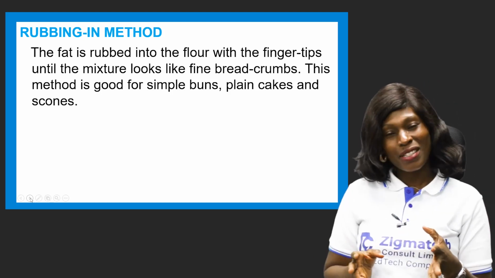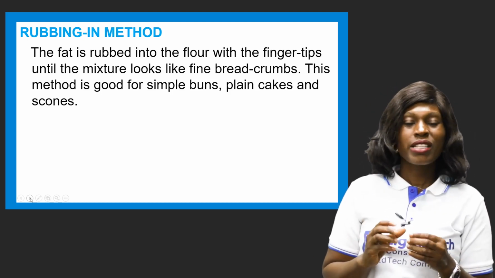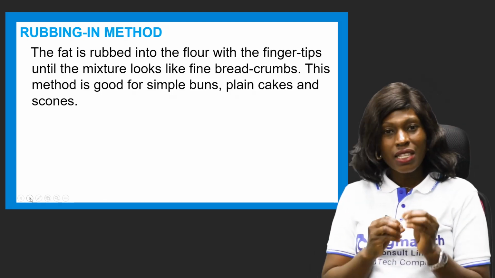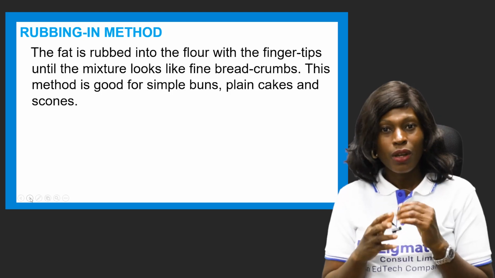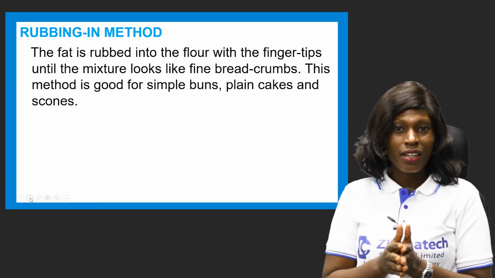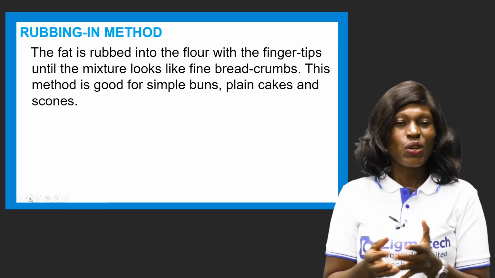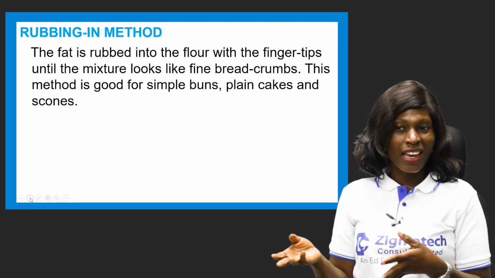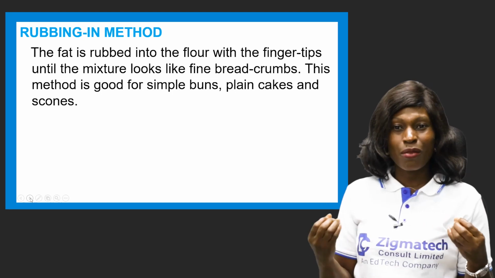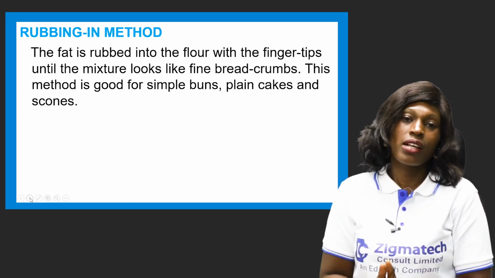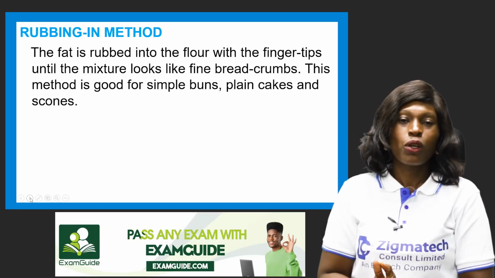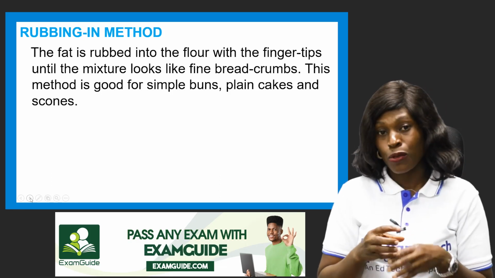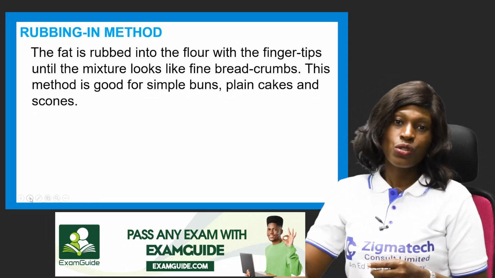This method is basically used when we have to prepare our buns, plain cakes and scones. You now add your liquid to fry or bake them. It is referred to as the rubbing in method because you're rubbing in the fat and the flour together using your fingertips.